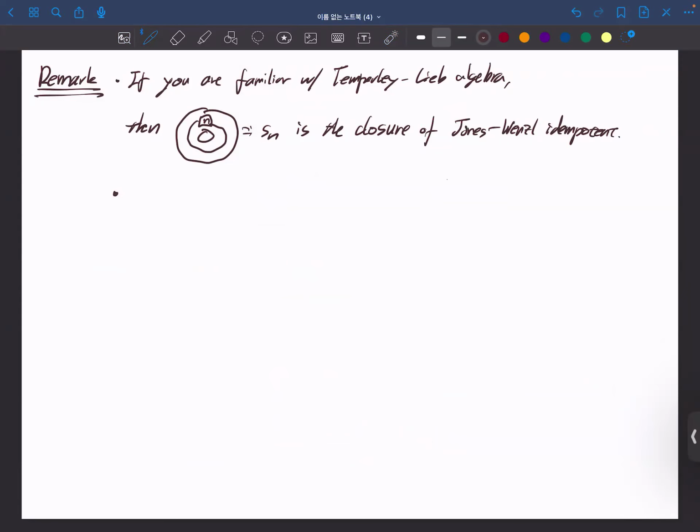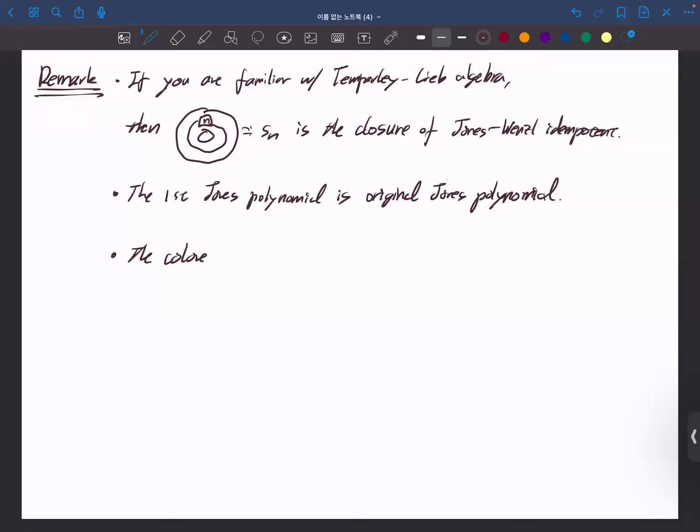And secondly, why I wanted to introduce the colored Jones polynomial. Firstly, the first Jones polynomial is the original Jones polynomial, and the colored Jones polynomial is known as a quantum invariant.